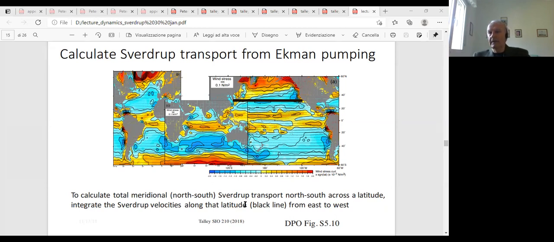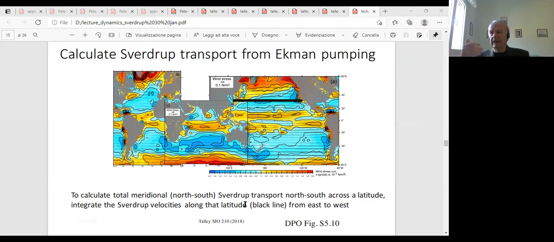We measure the whole spectrum of currents which are passing through that specific area. So that means we are measuring the wind-generated current, we measure the tidal current, we measure the thermohaline circulation. Obviously, it's rather simple to eliminate the tidal currents because you do the long-term average, and then you eliminate those currents.